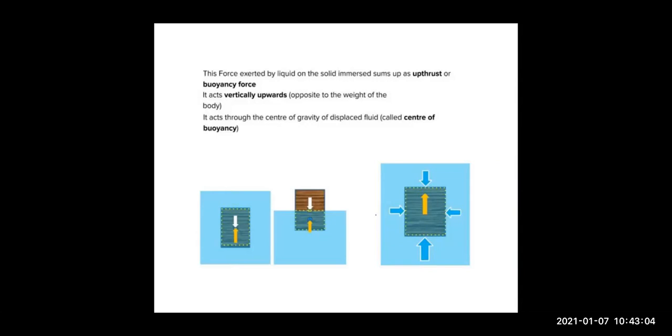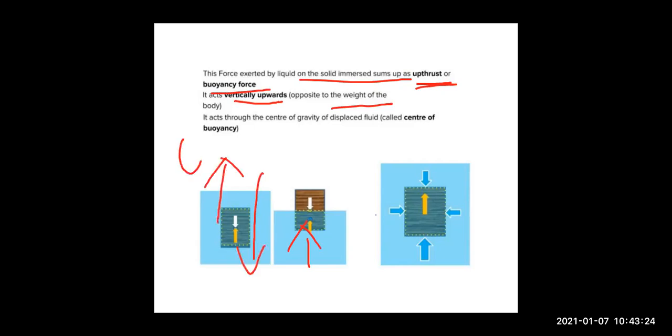So that upward force exerted by the liquid on the object is the upthrust, also known as the buoyant force, and it is opposite to the weight of the body. The weight of the body acts in downward direction and upthrust acts in upward direction, right?